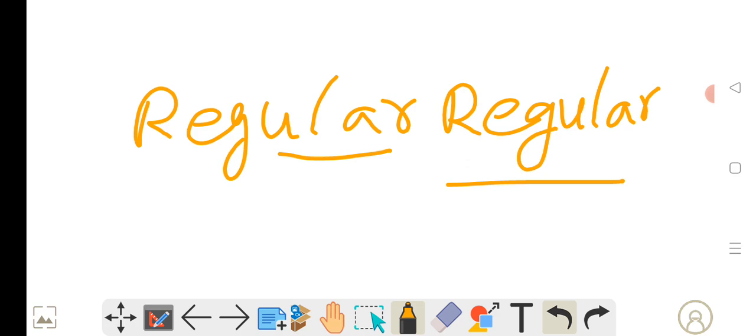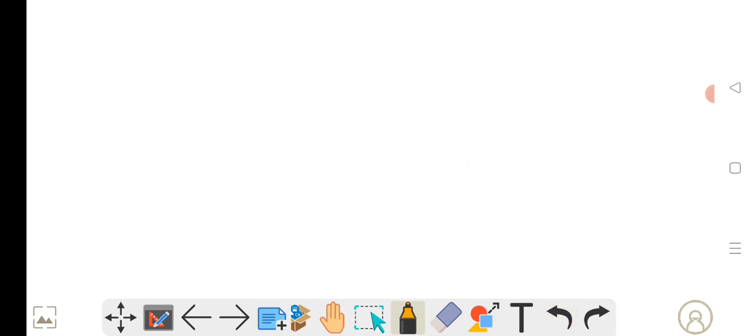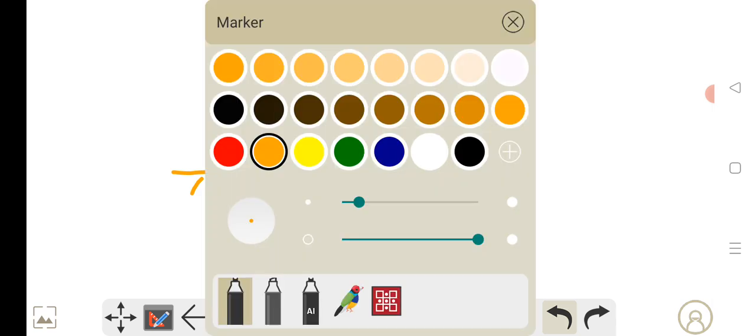In regular reflection, the surface must be smooth and shiny. Smooth and shiny means mirror, right, for us? So I'm taking a mirror, or you can take any smooth shiny surface.